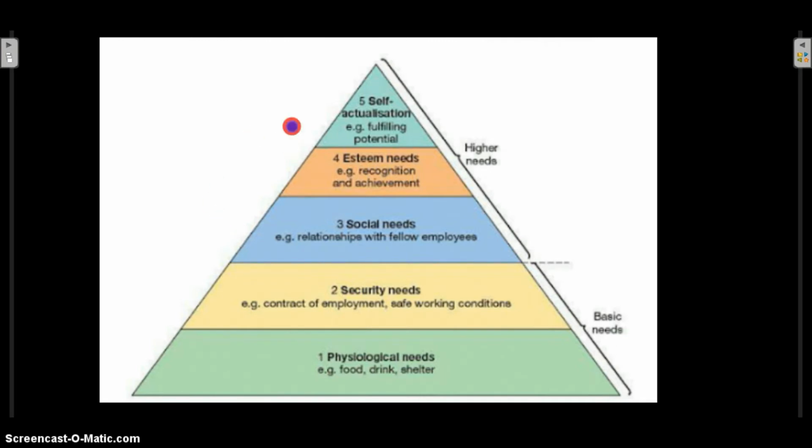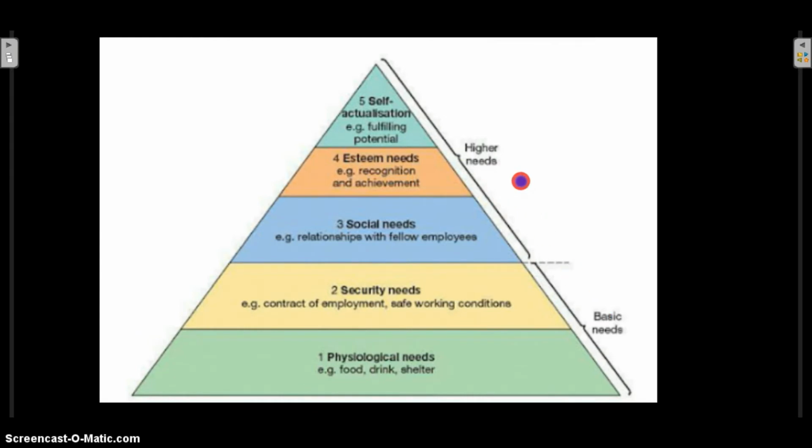Self-actualization is the topmost need, and most employees can't reach it because of business situations. If you want to motivate people, you need to provide them with activities where these higher needs can be fulfilled, not just the basic needs.